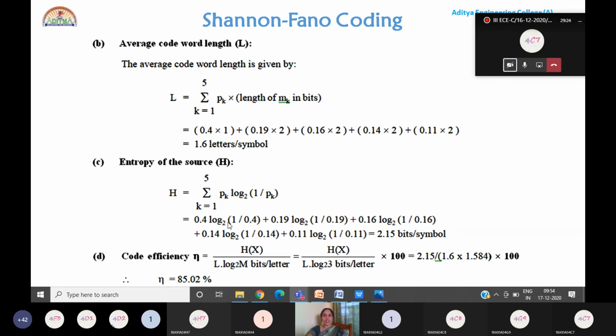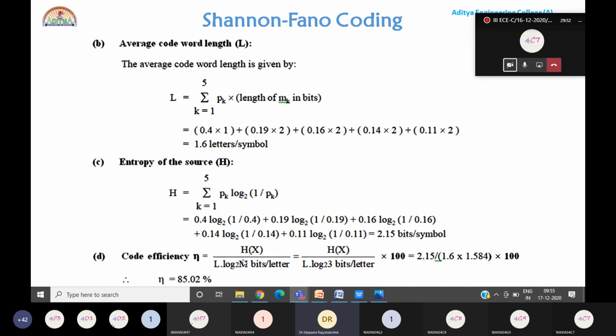Let us calculate the code efficiency. Code efficiency is H(X) divided by L into log m base 2. Here you can see that H(X) is as usual 2.15, and L has changed to 1.6. So 1.6 into log m base 2.